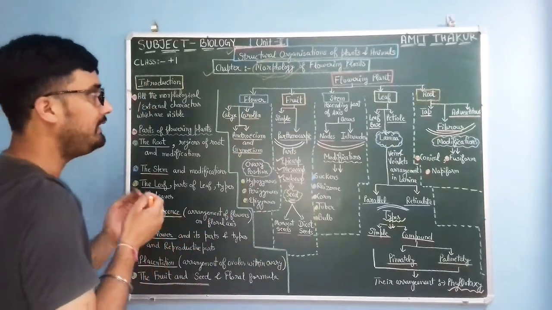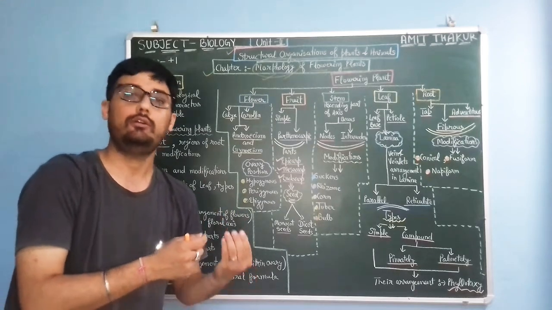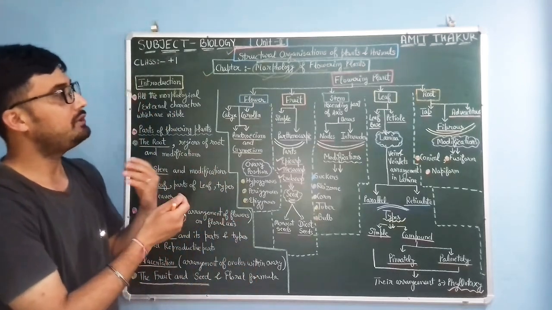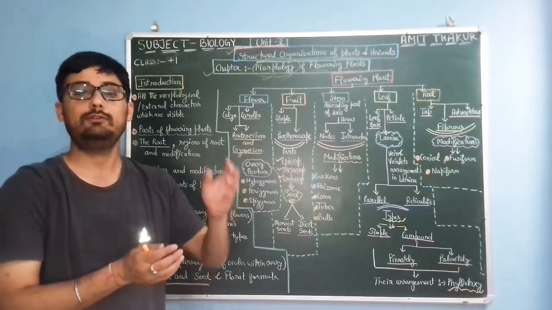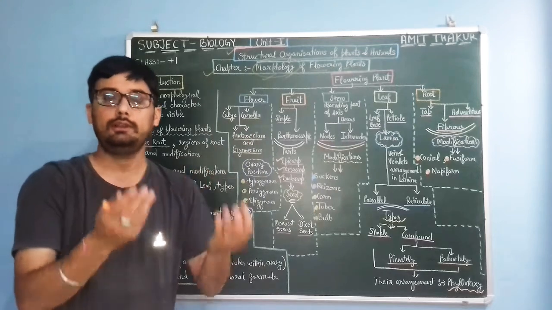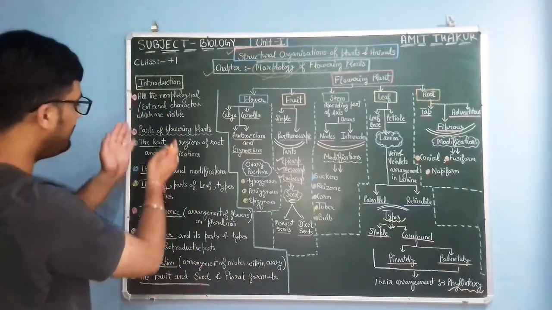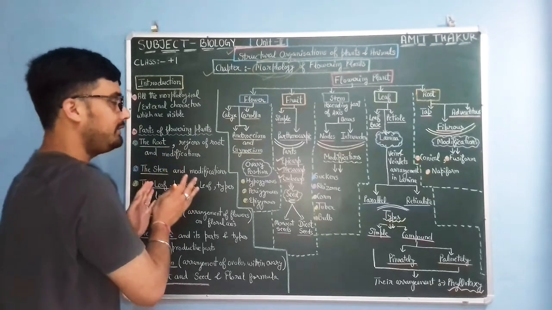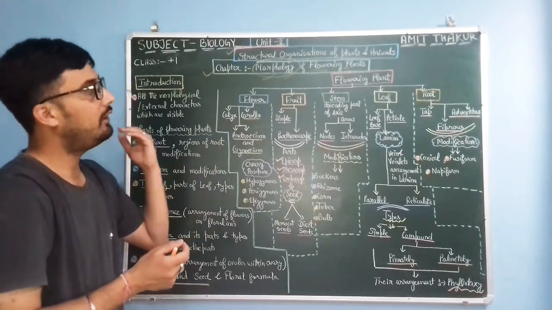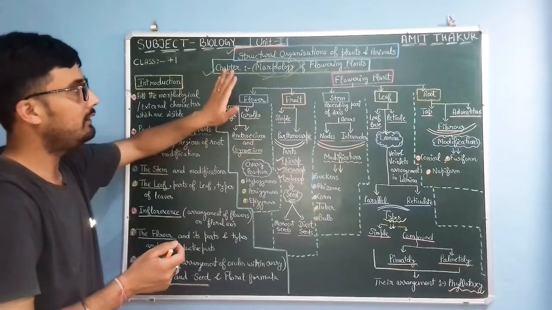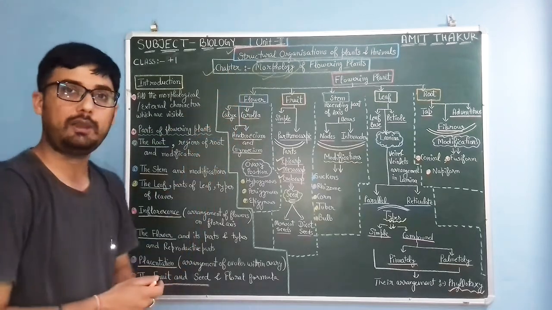Morphology means external features or external characters of plants which appear before us or which are visible, like height, color, flower, stem, root, leaf, type of leaves, etc. In today's lecture, I'm going to give you just an introduction to all the topics which have been included in this chapter, Morphology of Flowering Plants.